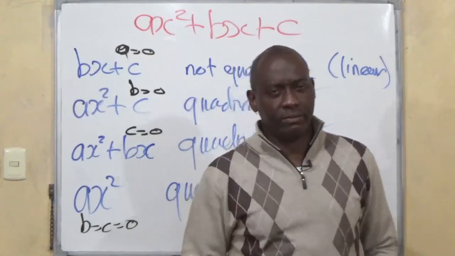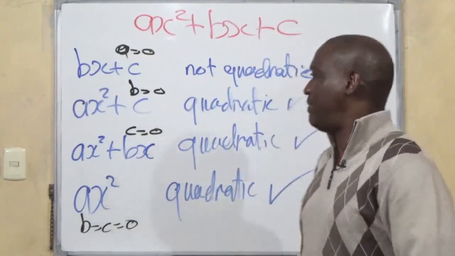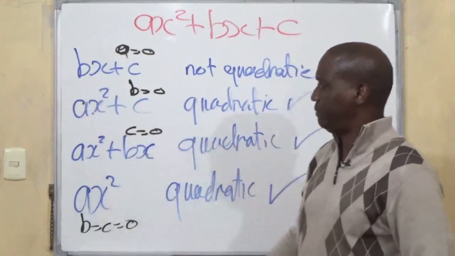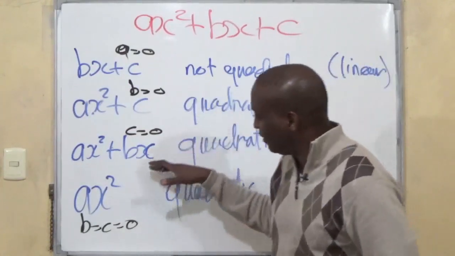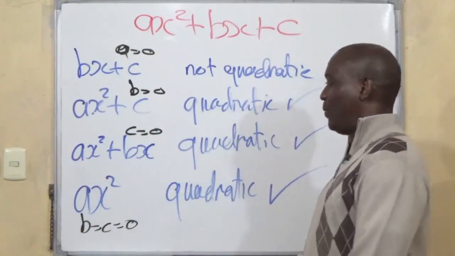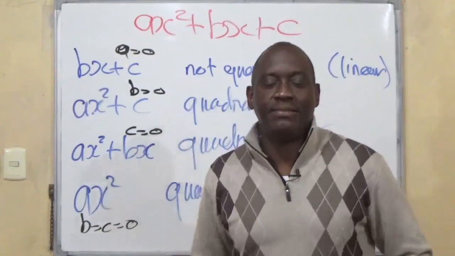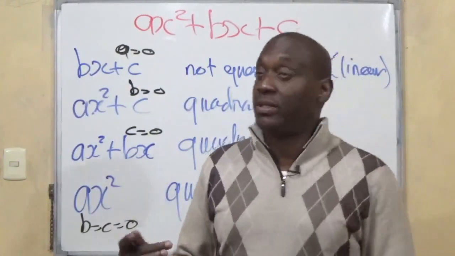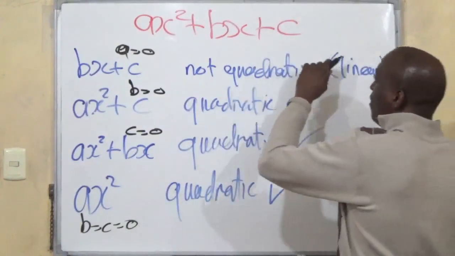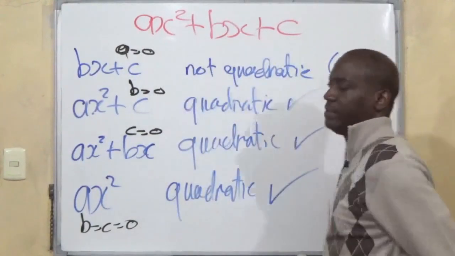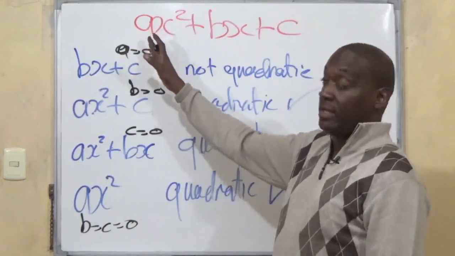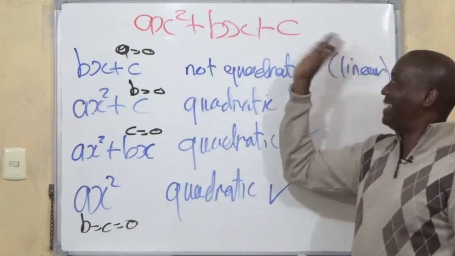Let me say that again. Anytime you have a quadratic that looks like this, or it looks like this, or it looks like this, we do not use the AC method. The AC method is used when you have a quadratic with all three terms in the picture. You have a value for A, you have a value for B, and you have a value for C.